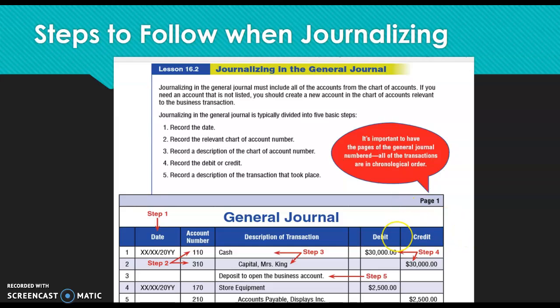So we have not done more than one page of a general journal yet, but you always want to number your pages when you prepare a general journal, because that way you can keep them in order. And then you're going to be seeing, when we're posting to the general ledger in a couple more lessons, you'll see the importance of having that number there on the page.